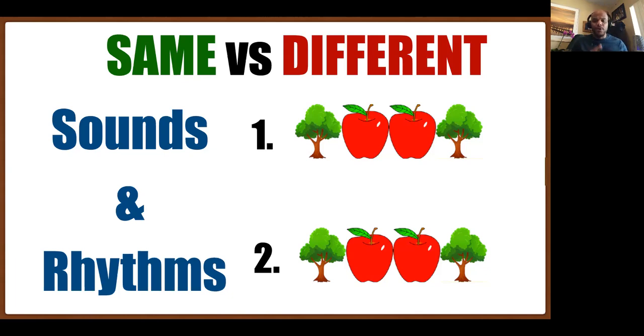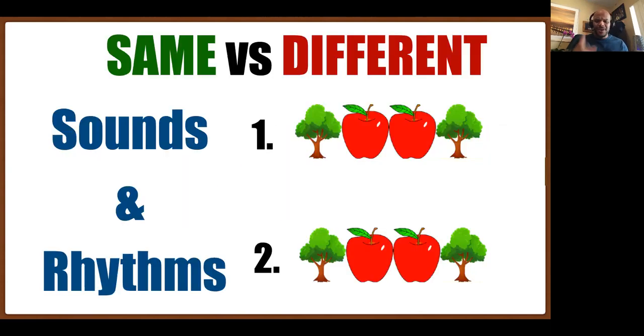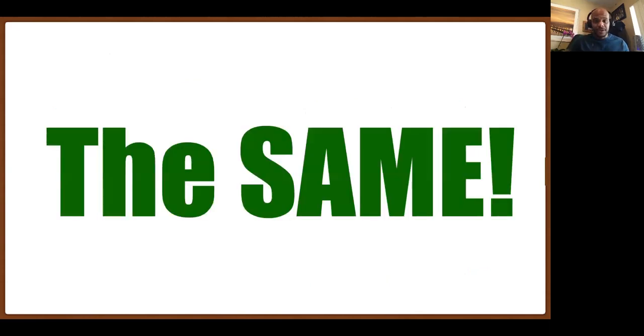Is that the same or different? Well, you can look at it and honestly tell if those two rhythms are the same or different. They are the same. Of course, they're the same. We have a tree, an apple, and a tree. Rhythm number two, a tree, an apple, and a tree. Did they match exactly? Yes, they did. So they were the same.